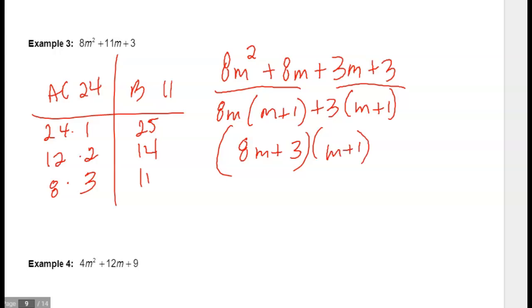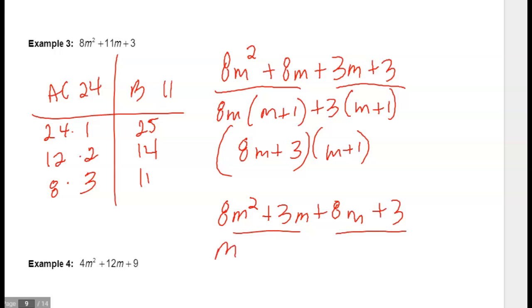So I'm going to show you if I do this the opposite way. So real quick, you could do this the other way. 8m squared plus 3m plus 8m plus 3, and group these up. Except what happens is that you can't pull anything out there except for an m. So that leaves you with 8m plus 3.